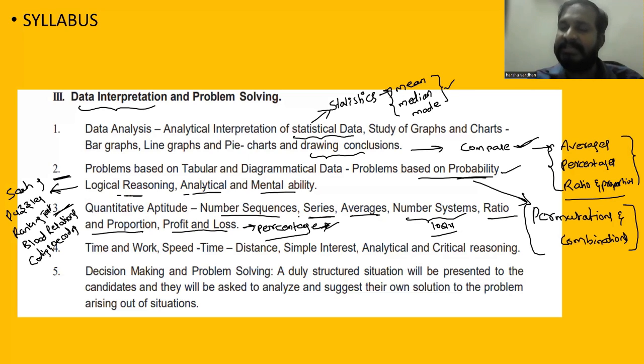By combining two to three concepts. He will combine profit and loss and percentage together, or ratio and proportions and percentage together, so that it takes a little more time for the candidate to solve it.